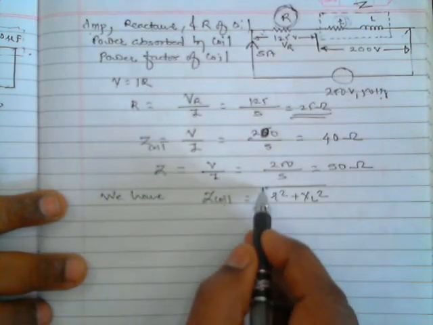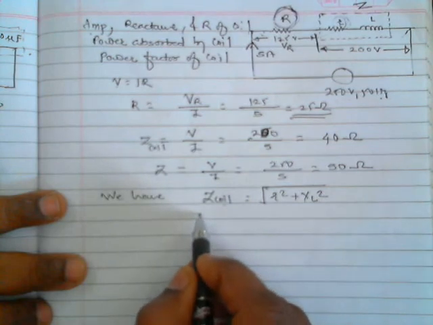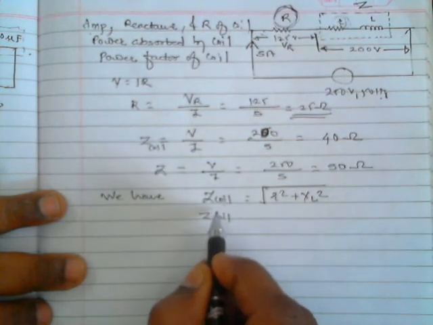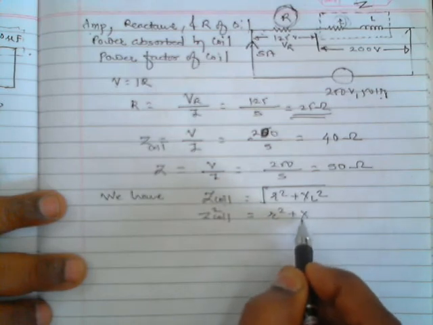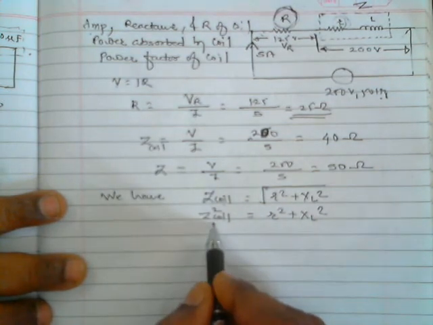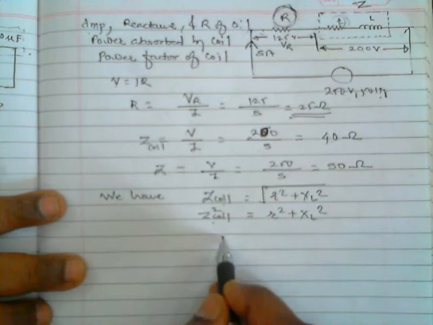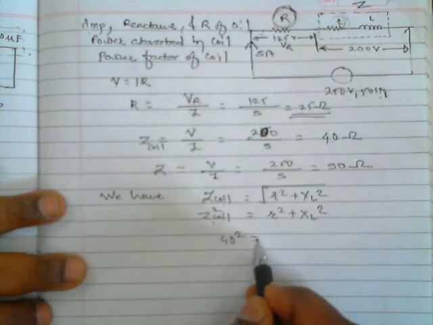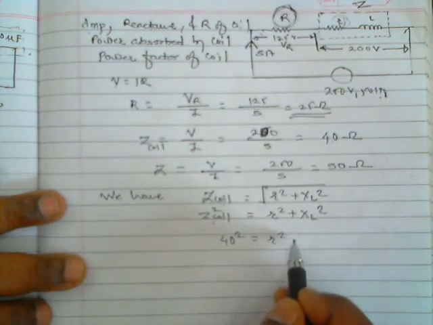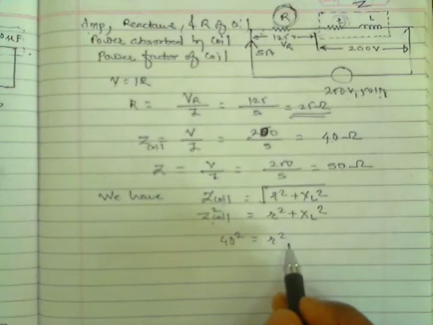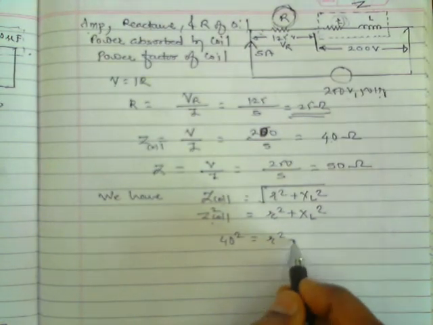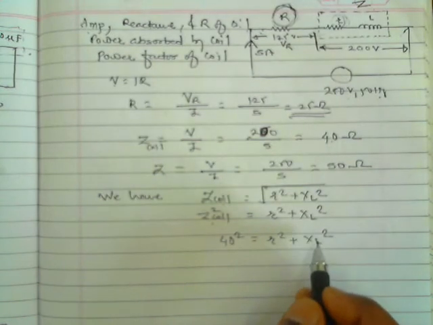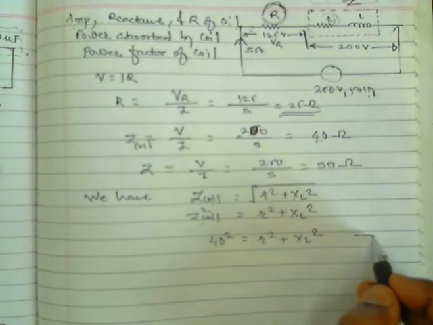So if I need to remove this under root, then I can write Z coil square equal to R square plus XL square. Coil impedance already we have, that is 40. So I can write 40 square equal to R square plus XL square. R we don't know, XL is also not known. This is equation 1.